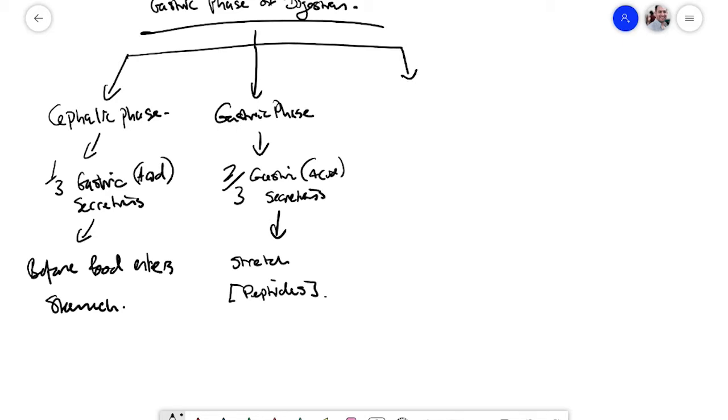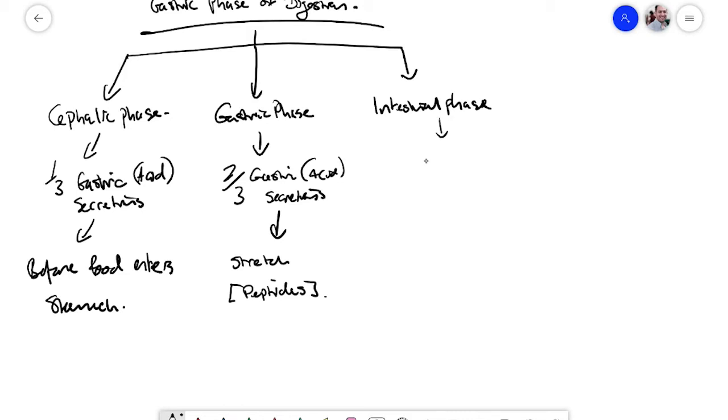For completion purposes, we now need to talk about the intestinal part of this. So we'll call it the intestinal phase. And we're doing what is, I suppose, quite a complicated thing, really, because we're actually doing the intestinal phase of digestion, but we're actually crossing over into the gastric part.